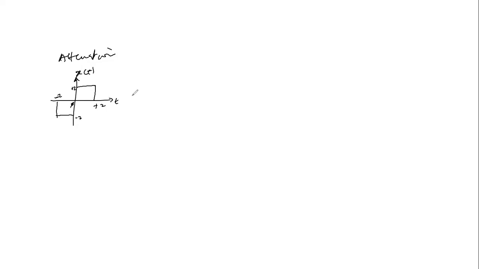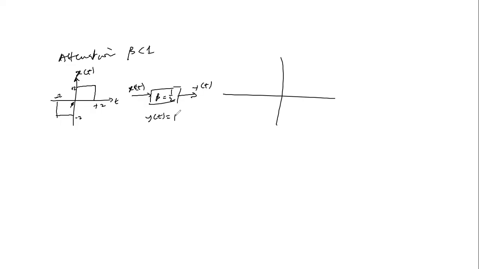Then we feed this into a system where beta is the same as half, because for attenuation, beta is less than 1. Then we have our output. Now, given that this is S of t and this is y of t, y of t is the same as beta S of t, and this is the same as 1 over 2 S of t.